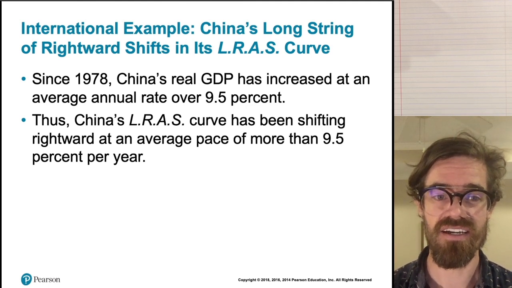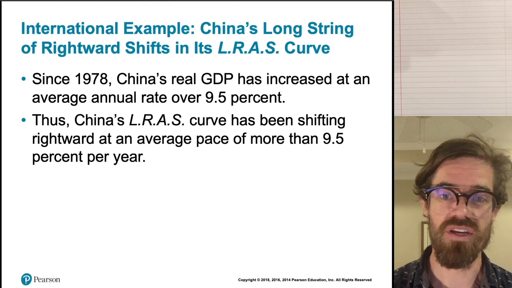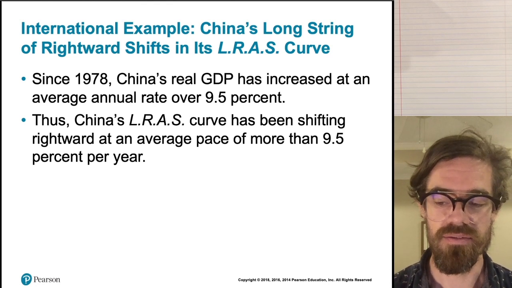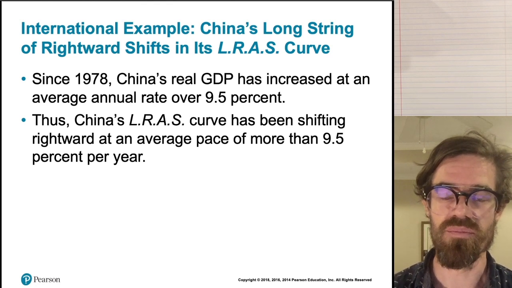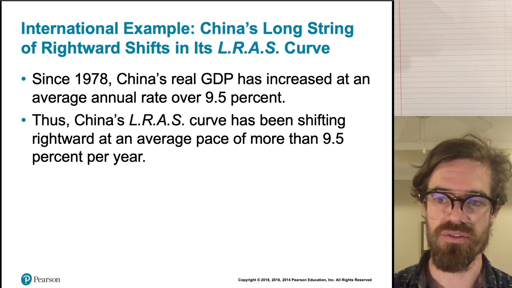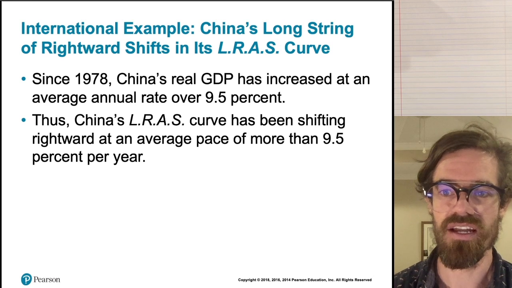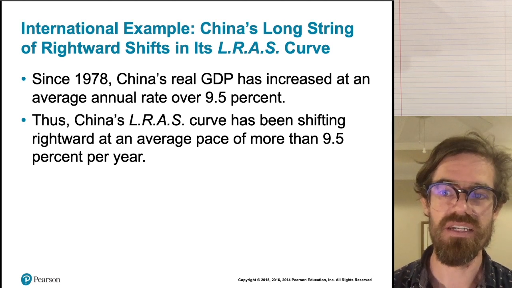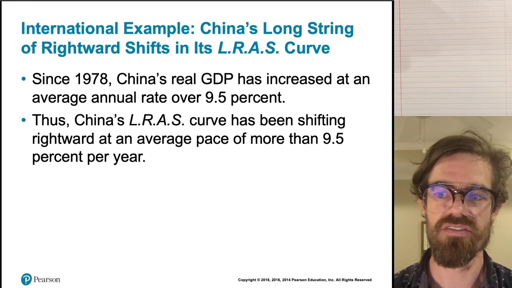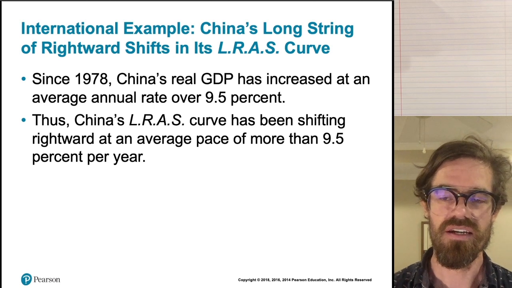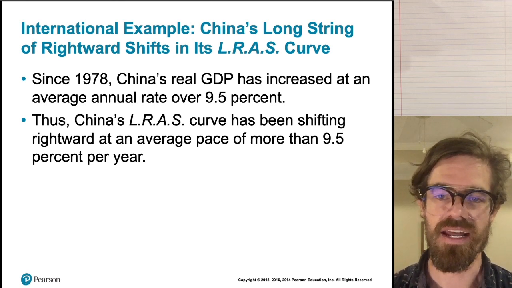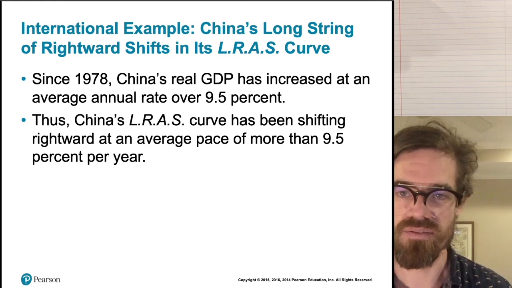The United States economy, if you look at its long-run historic average, is somewhere in the ballpark of 2 to 3% annually. So China is kicking our butts in terms of economic growth. And what this means is that their long-run aggregate supply curve has been shifting rightward at an average pace of more than 9.5% per year, which is pretty remarkable.